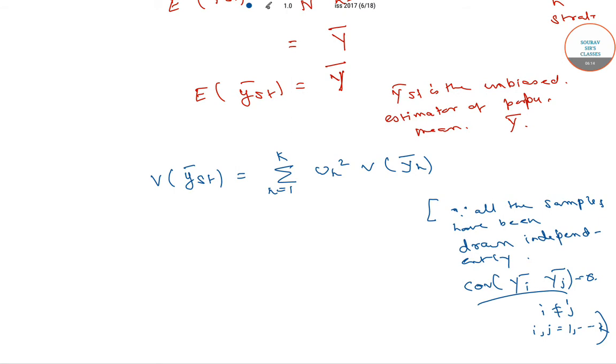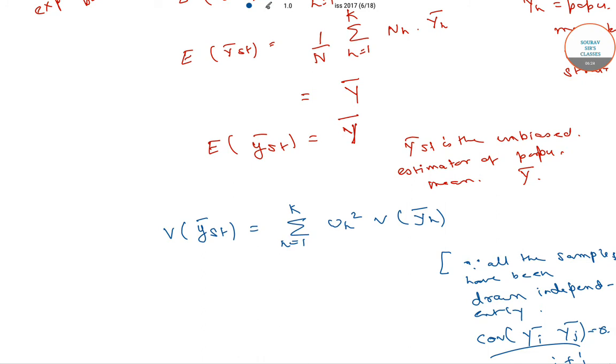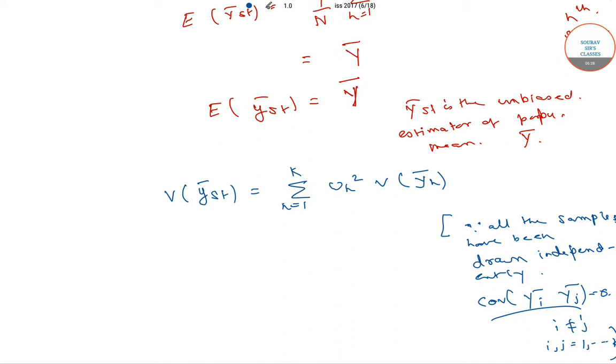Now, since the sampling in each strata is done randomly, using simple random sampling, suppose this is the entire population which is divided into the strata like this.